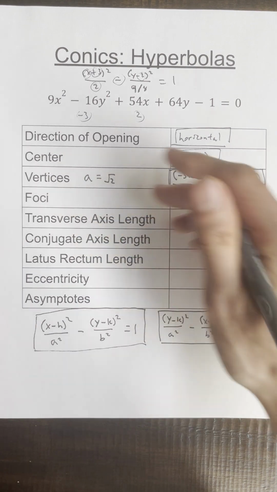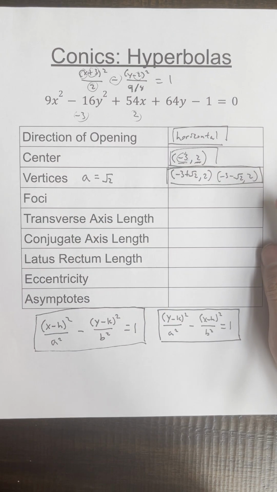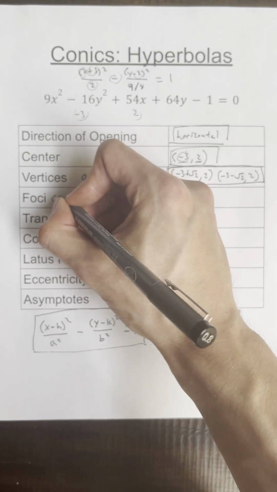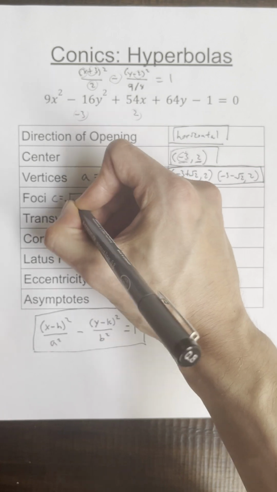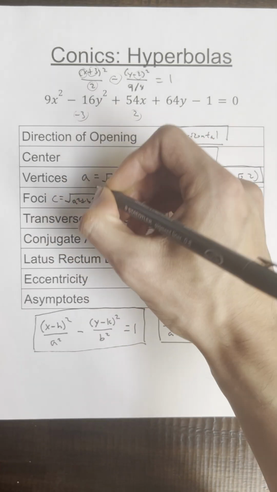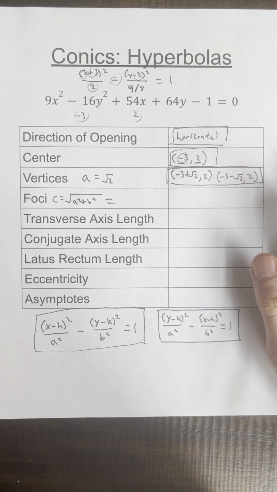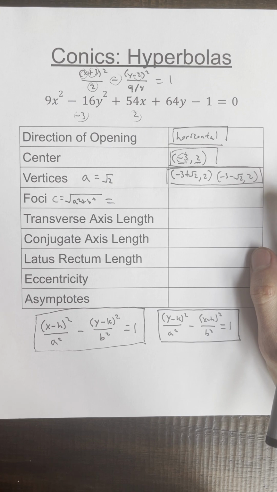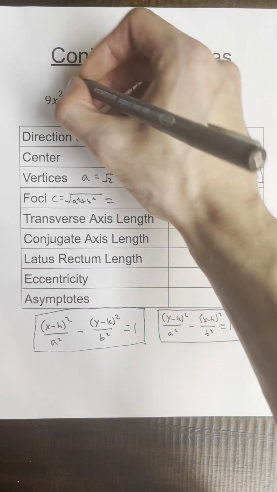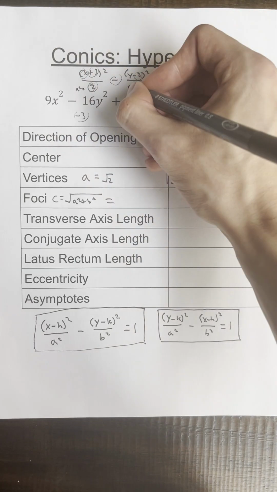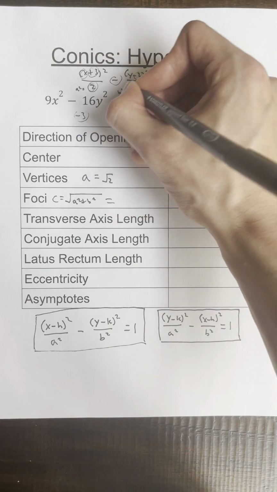How did we find the foci? So use the formula c equals square root of a squared plus b squared. Okay, and what are a squared and b squared again? So this number is a squared, and this number is b squared.